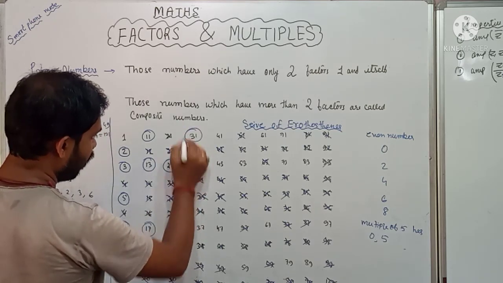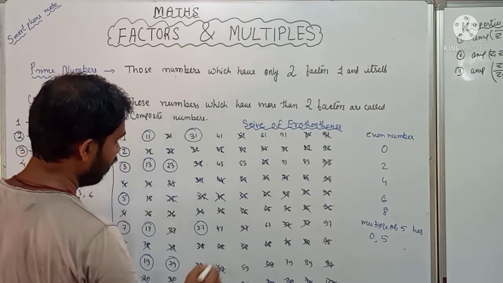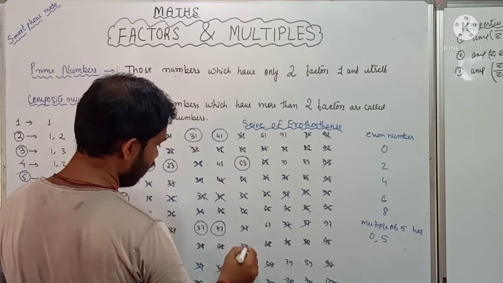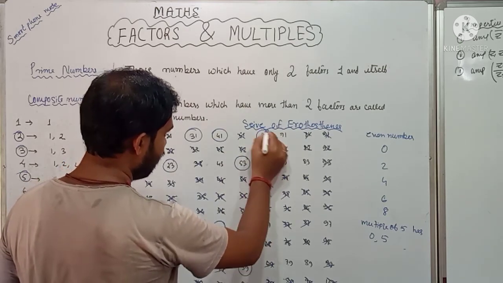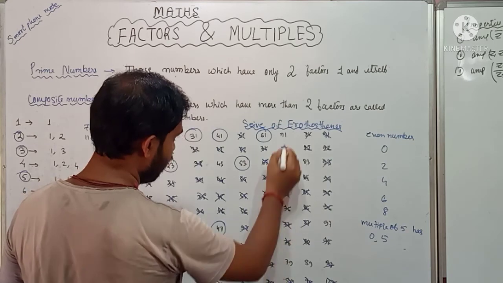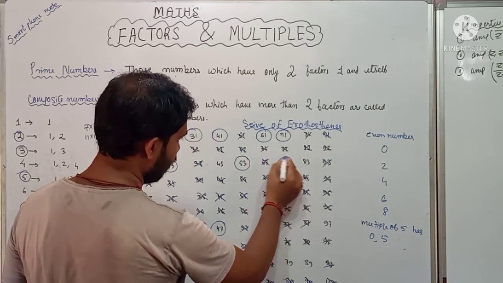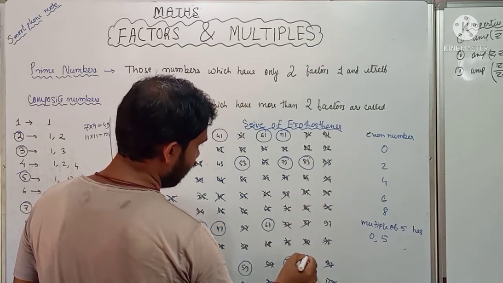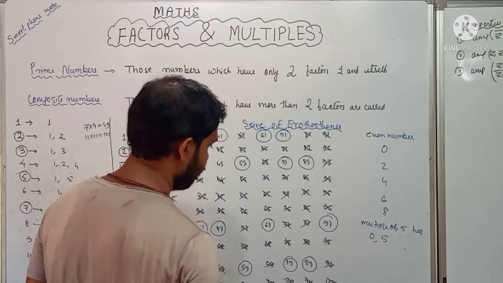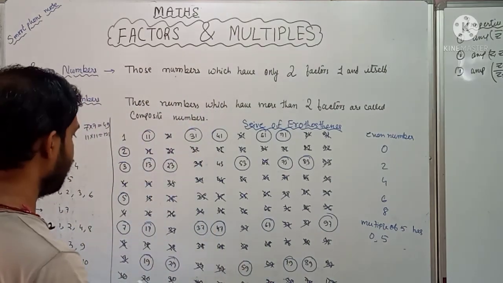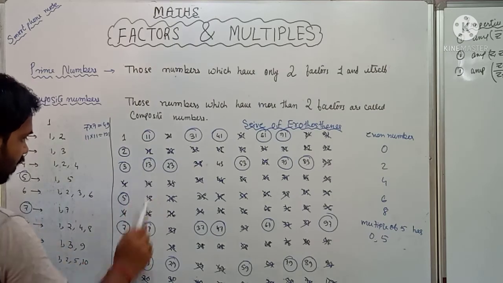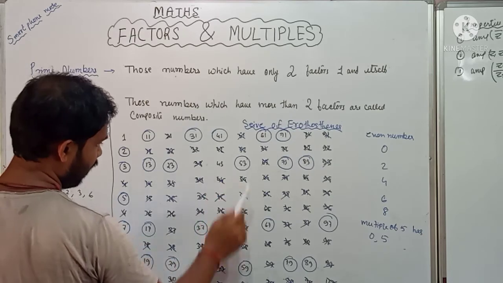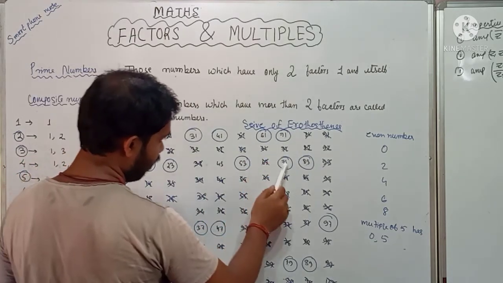So it is 31, then 37, then 41, 43, 47, then 61, then 67, 71, 73, 79, 83, 89, then comes 97. So see friends, I have circled all those prime numbers which are left here. So we have seen these are all prime numbers which are present between 1 to 100.